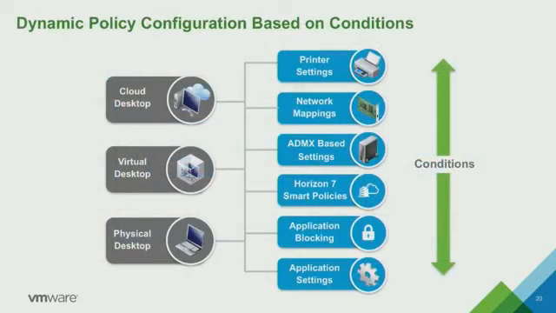All right. Now the other thing that makes UEM incredibly powerful is you can evaluate conditions of the UEM client system and apply or not apply settings based on those conditions.